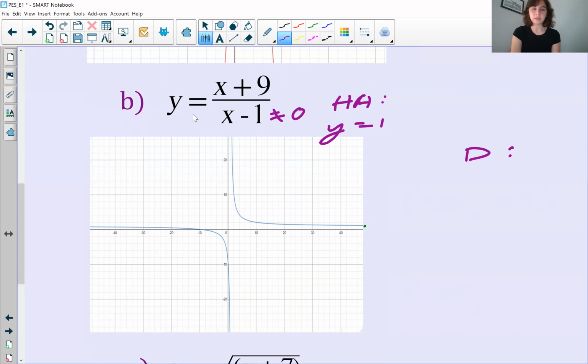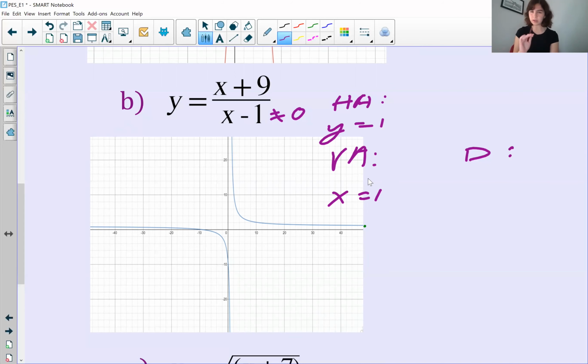But just recalling vertical asymptotes, I would say the bottom of this fraction cannot equal 0. And so then I see what that's about, and it looks like our vertical asymptote is going to be x equals 1. Because when I plug in 1, I get a denominator of 0, and that can't work.